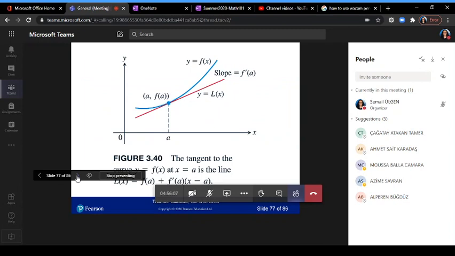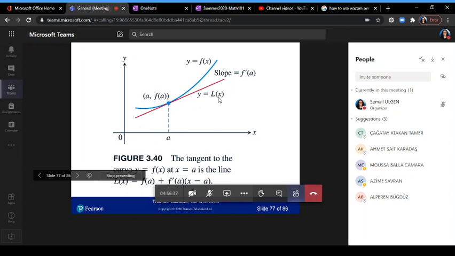Maybe some pictures, let's see. This is my f, and this is my tangent line L, right? And I'm interested in some values that are close to a for f. So let's pick a number here, let's say k, close to a, and I want to find f(k). But if you don't have a calculator or a computer, it's going to be very difficult to find f(k).